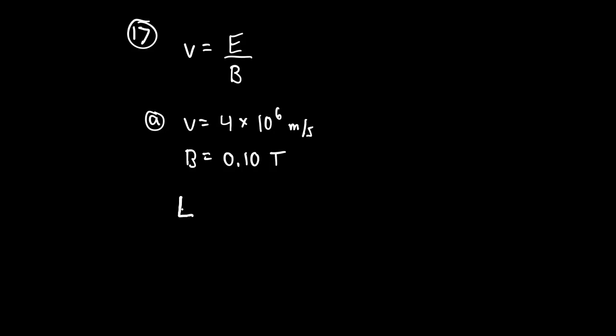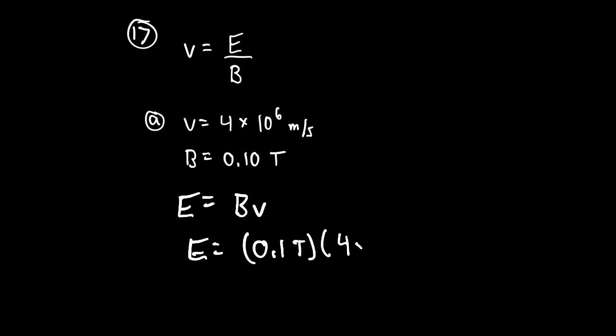From this, V equals E over B. So I multiply both sides by B, it cancels on the right, and E is B times V. So the electric field is 0.1 Tesla times 4 times 10 to the 6.